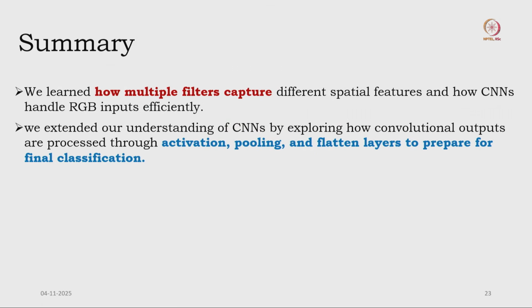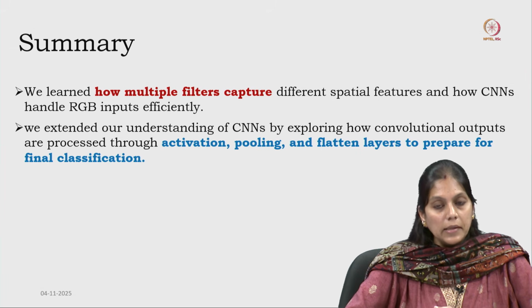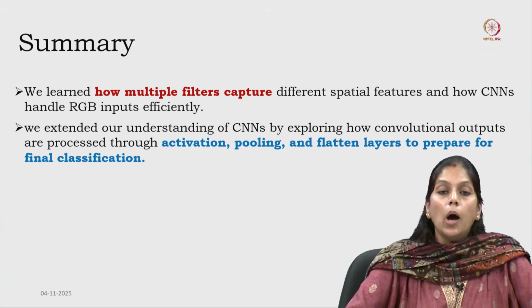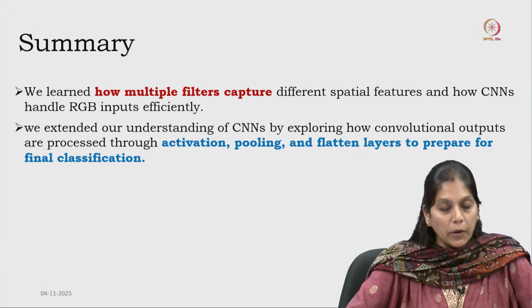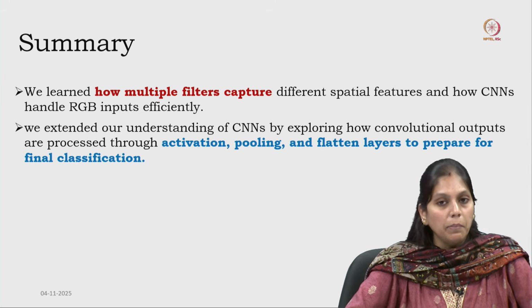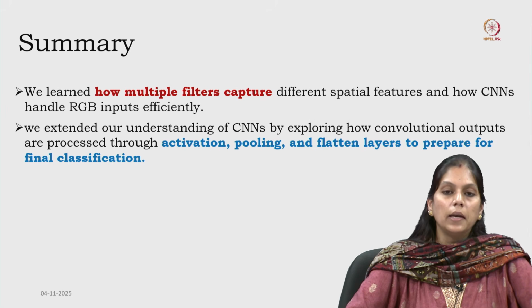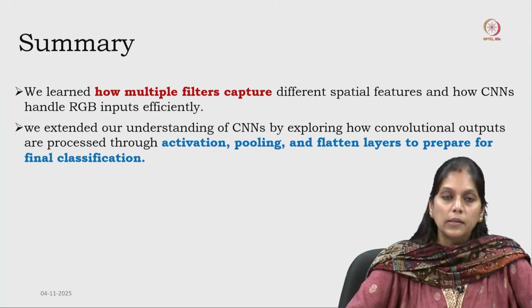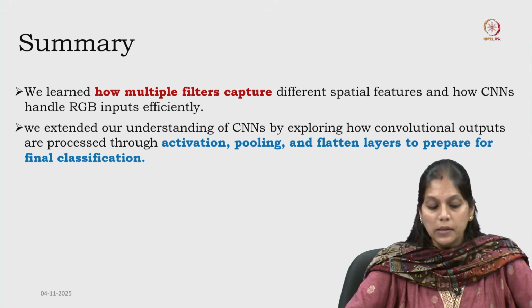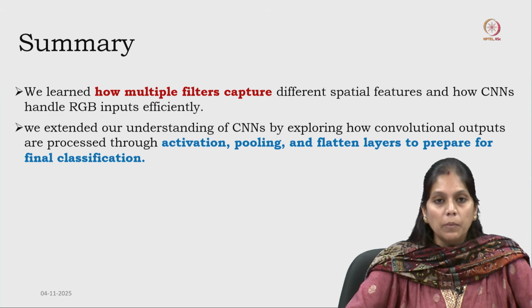So, with this we have come to an end of this particular session, where we have explored how the convolution operation is performed on RGB images, that is a colored image, where we have seen, when there are multiple channels and multiple such filters, how the convolution operation is performed.